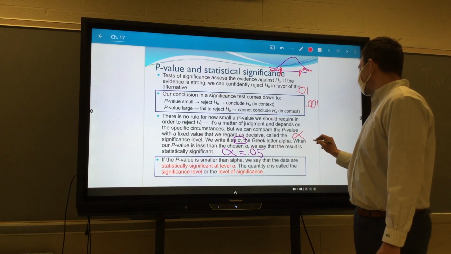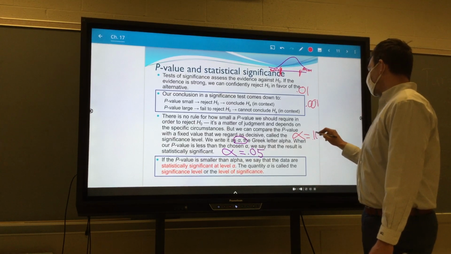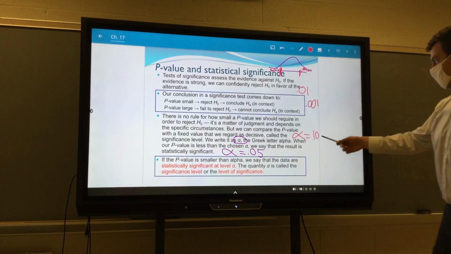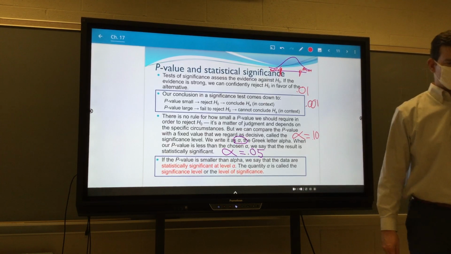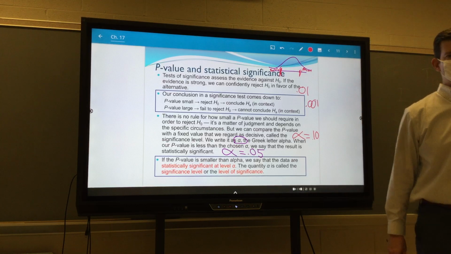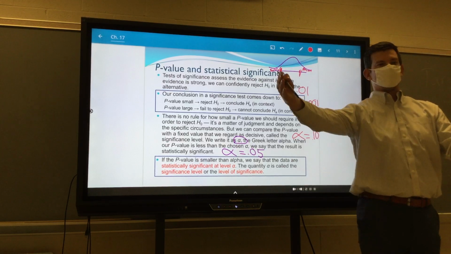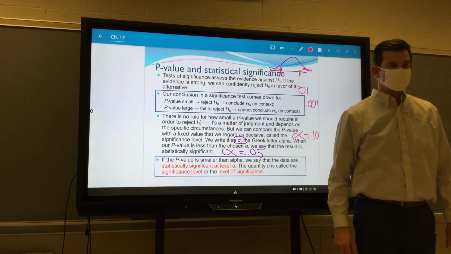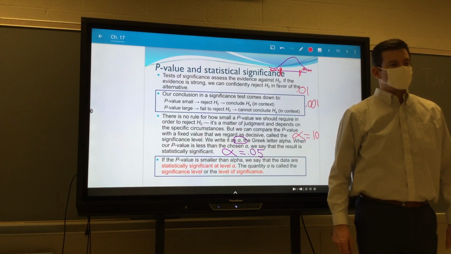If you were to see an alpha level of like 0.10 or 10%, you're saying that you're okay with 10% of the time, or 1 in 10, expecting this and getting this, just as a fluke, just as natural variation. Yeah, it happens.